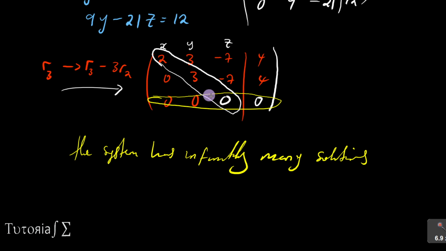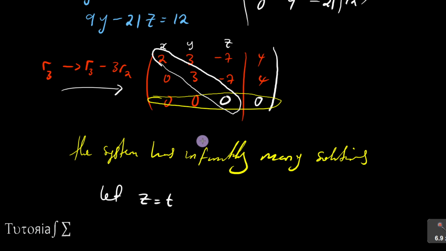When you check our major diagonal, the 0 is on the z. Okay, the 0 is on the z. So since the 0 is on the z, we let z equal any letter of our choice, maybe t. Okay, so z is what we call a free variable.